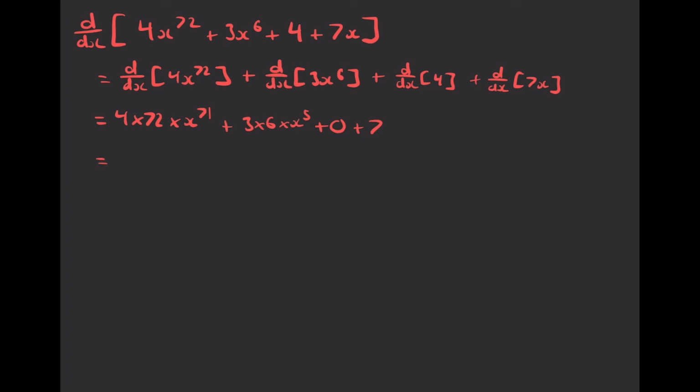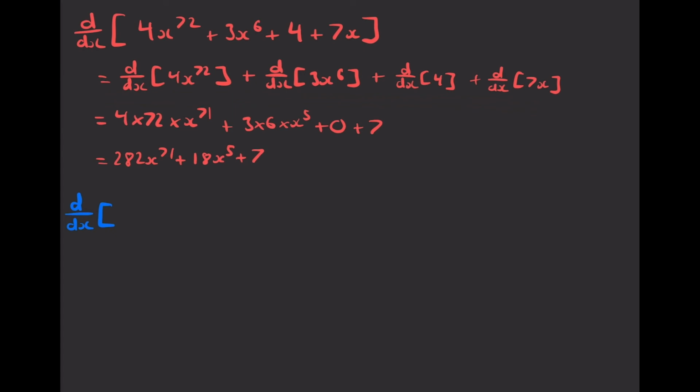Simplifying this, we will obtain 4 times 72, which is 288, x to the power of 71, plus 18 x to the power of 5, plus 7. Now, let's do one final example, except this time we'll do it without the aid of separating our derivative. We'll do it as if we're professionals.